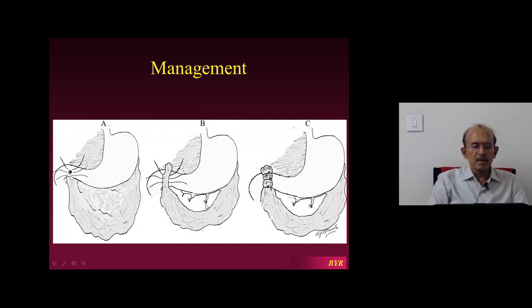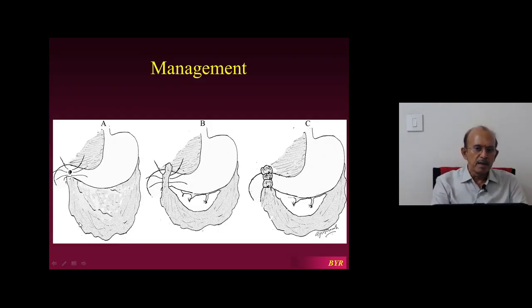This is how you do the omental patch closure. This is the perforation. You take underrunning sutures like this. You don't tie them. If you tie them, what happens? The edges will be very fragile because they are all edematous due to inflammatory reaction. If you tie them, they will cut through the tissues and the opening will become still wider.